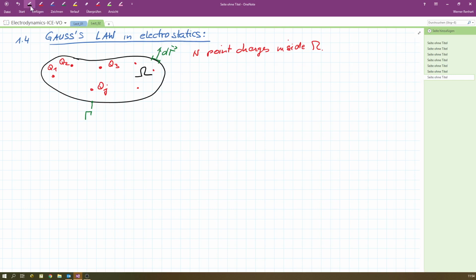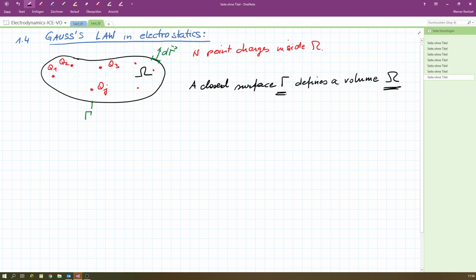We can say the closed surface gamma always defines a volume omega.